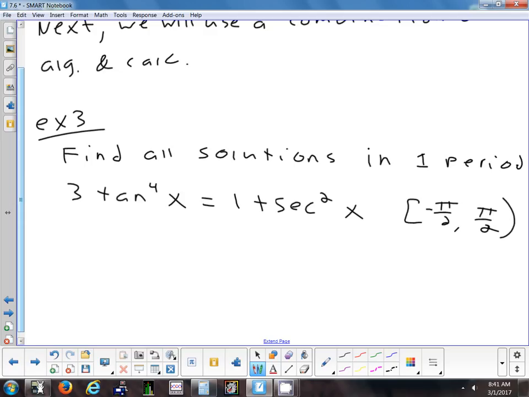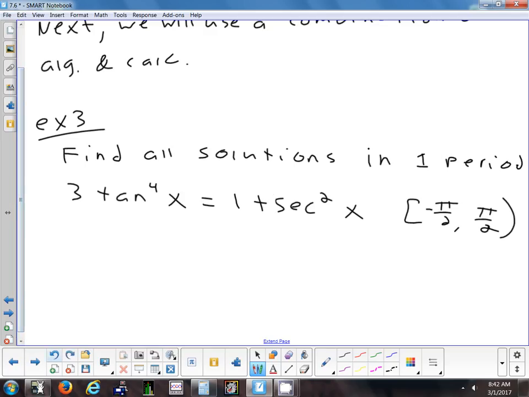Okay, if we want to solve this, any thoughts about what I should do first for any equation I want to solve that is almost something, but a couple things we've got to do? The first thing I do is change secant. You want to change something with the secant? Okay, I think that's a good idea.